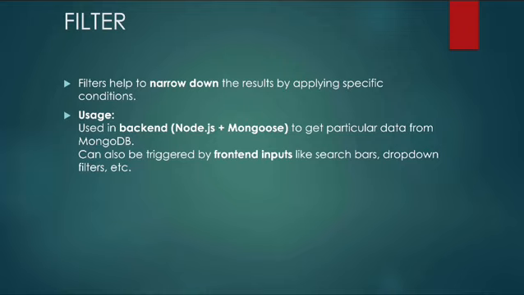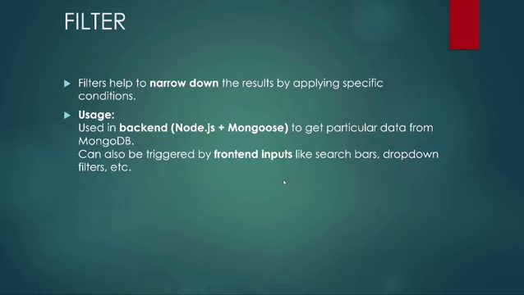And here we go, filters. Filters help to narrow down the result by applying specific conditions. The filter is used in the backend with Node.js plus Mongoose to get particular data from MongoDB. And they can also be triggered by front-end inputs like search bars and drop-down filters, etc. Filters are the conditions we apply to a database query to get only specific records instead of everything.